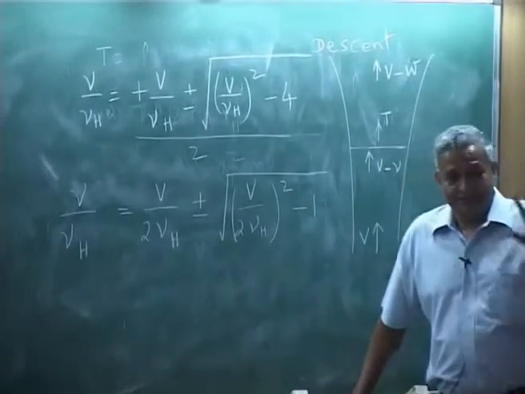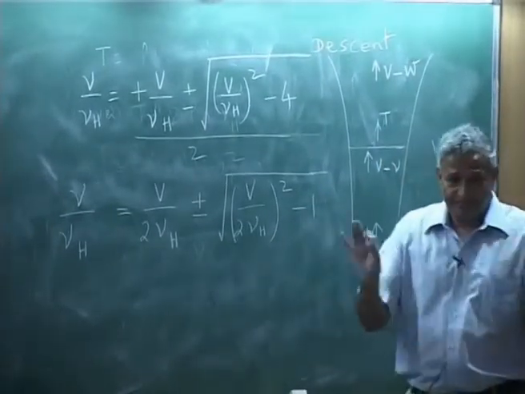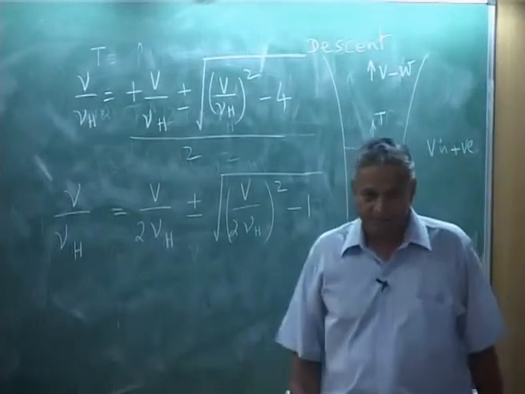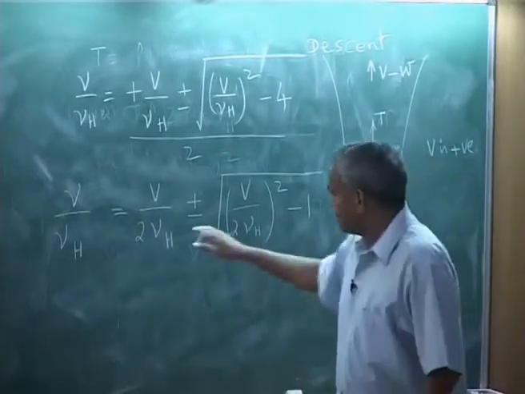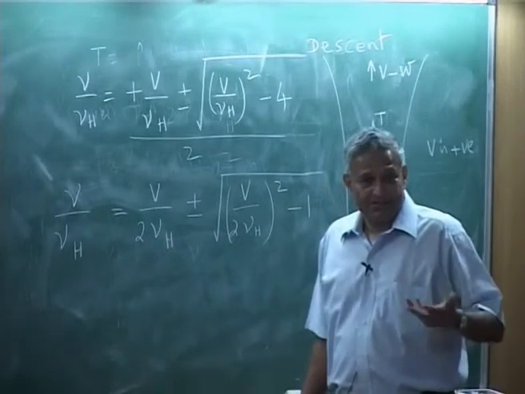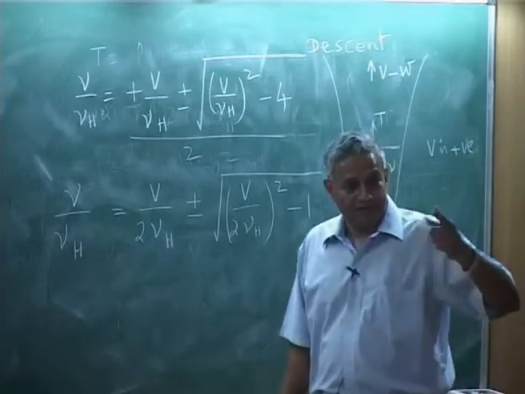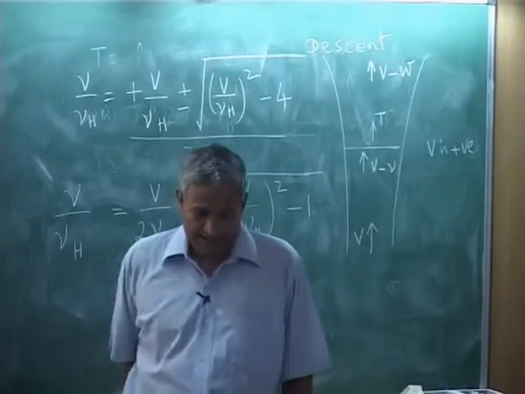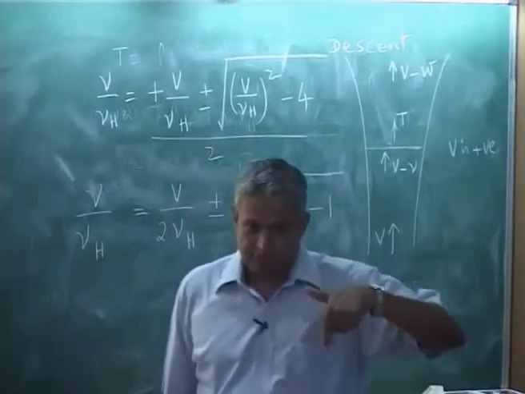Then you will have a root, otherwise it is imaginary, you can't plot that curve also, okay. But both roots are valid, implies that velocity must be much larger than 2 times the induced velocity at the hover rotor disc.